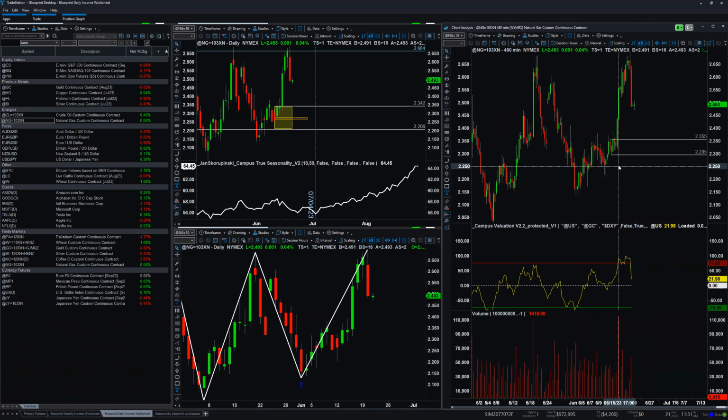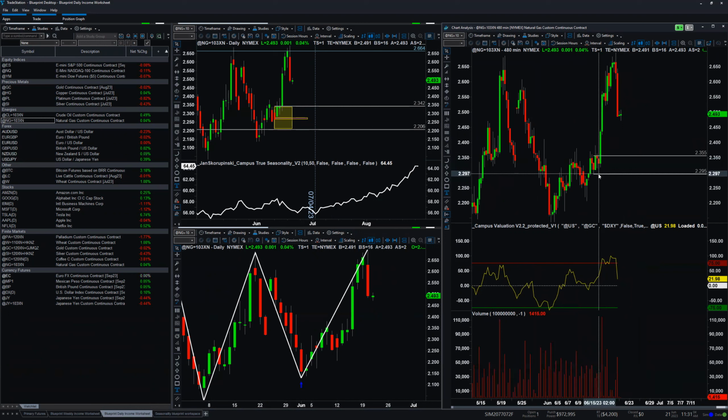So on a 480 here, it also looks a lot better, right? So we have a clear rally base rally here. Rally base rally. Quite a small zone. So I'm just going to put my distal right there.